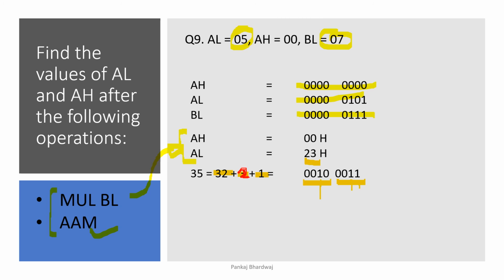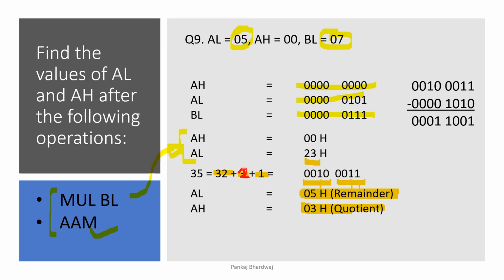Now what does this AAM do? AAM stores the remainder in AL and the quotient in AH. Now what are the remainder and quotient? Let's see. This 35, that is 0010 and 0011, it's BCD 35, it's decimal 35, that means 23 hexadecimal.